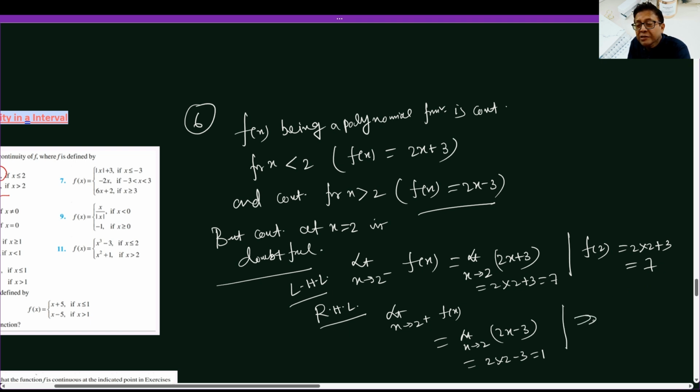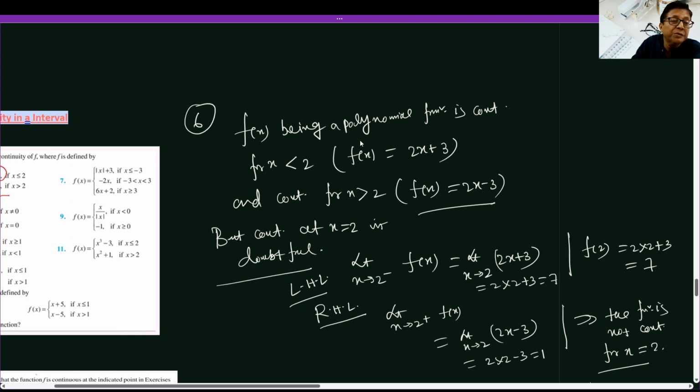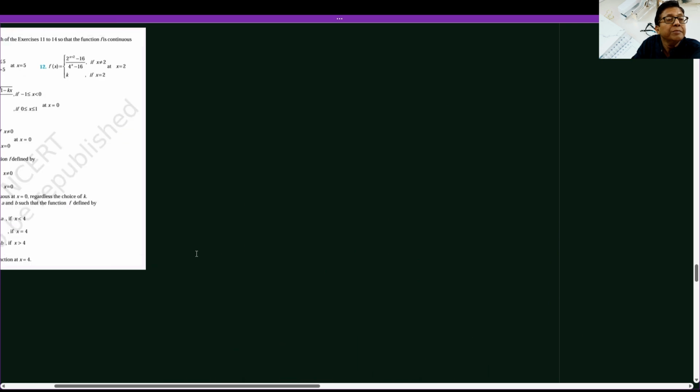This implies the function is not continuous at x equal to 2. You can state that also. Okay?